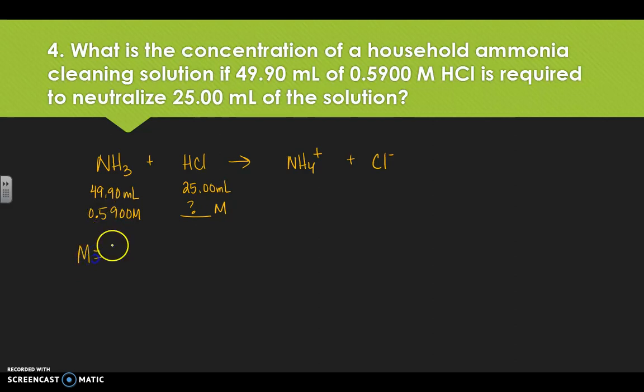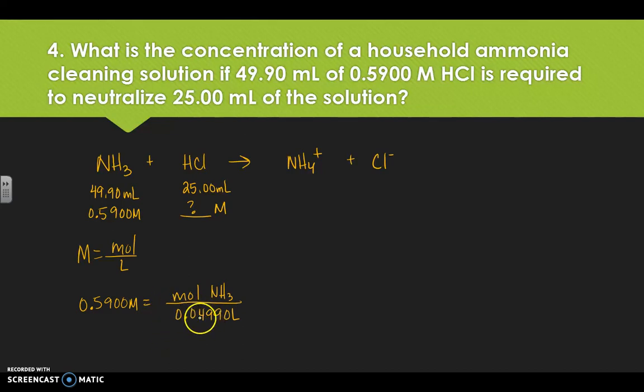So if molarity is equal to moles per liter, molarity is 0.5900. Moles is what we're looking for. And we have that many milliliters, which is 0.04990 liters.